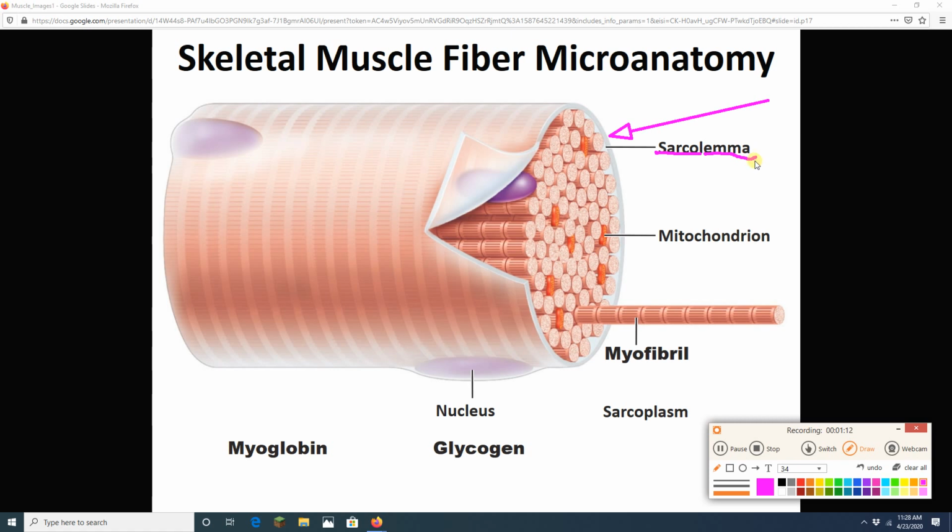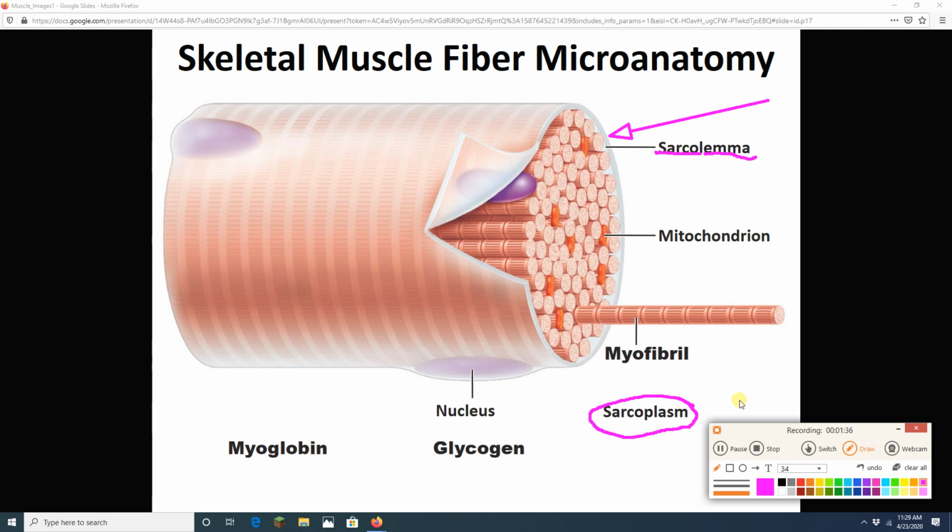Remember, we had an axolemma a while back and a neurolemma. So the plasma membrane of the muscle cell is the sarcolemma. Now, everything inside that muscle cell is going to be the sarcoplasm. Think about that as being the equivalent of cytoplasm, but just for a muscle cell.